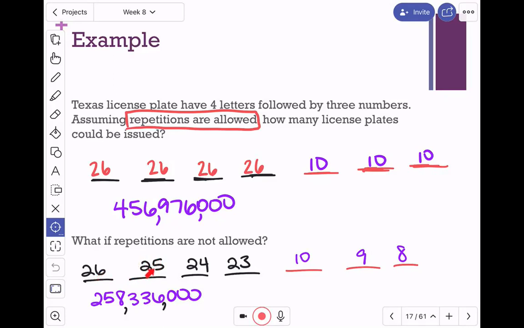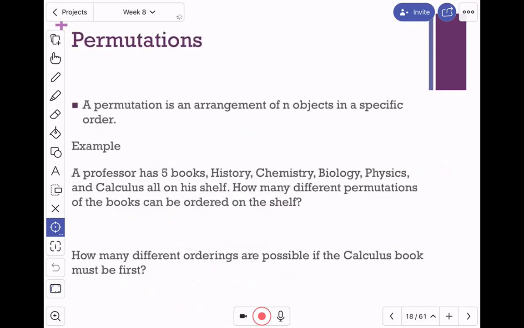Let's say I put B right here. No longer have A or B to choose from, so I have 24 letters. If I put C right here, now I have 23 letters. So what this is saying is that I'm reducing the number of ways I can rearrange things because I'm using things up. And we're going to get to this thing that we call a permutation.